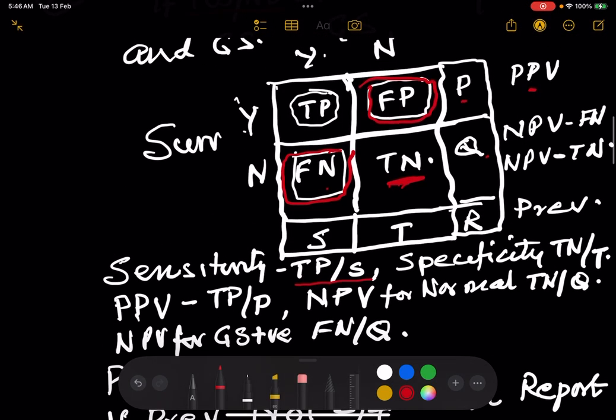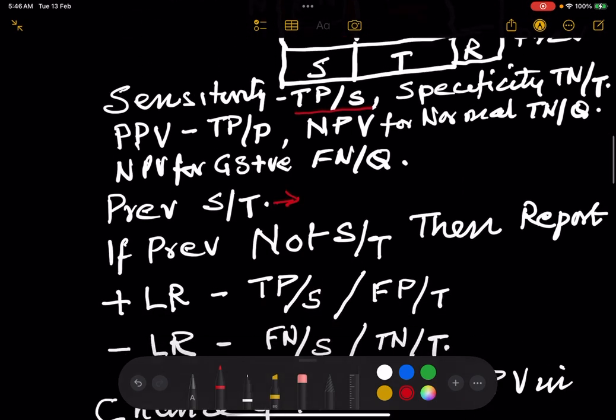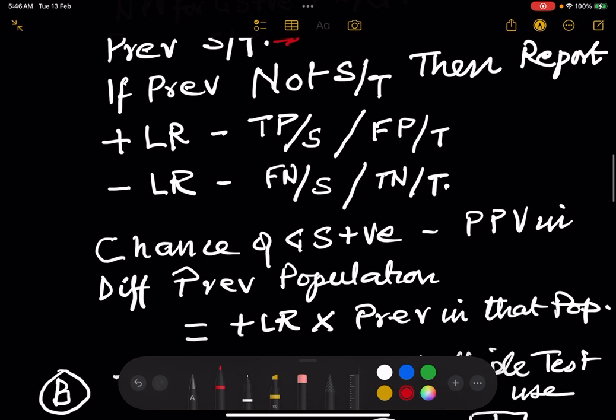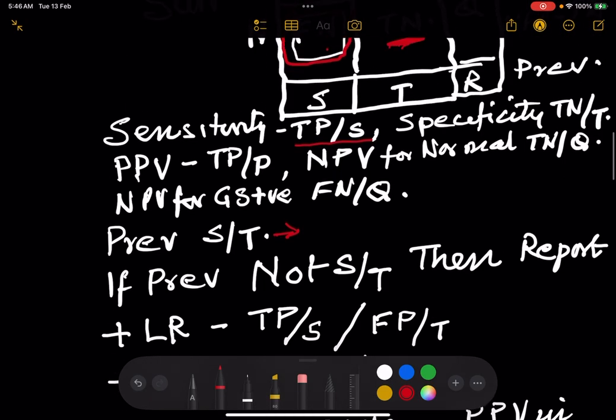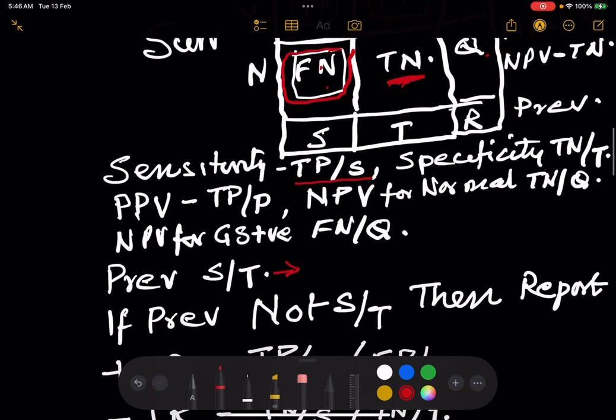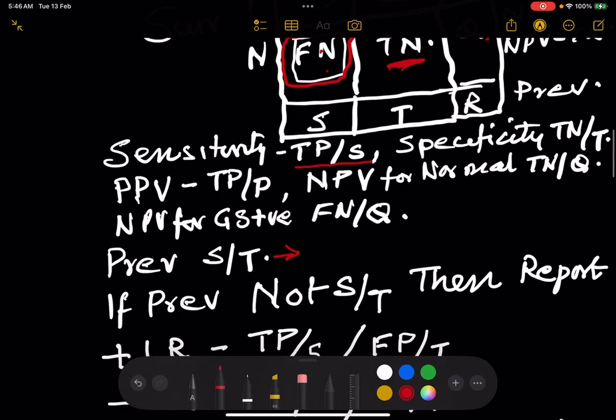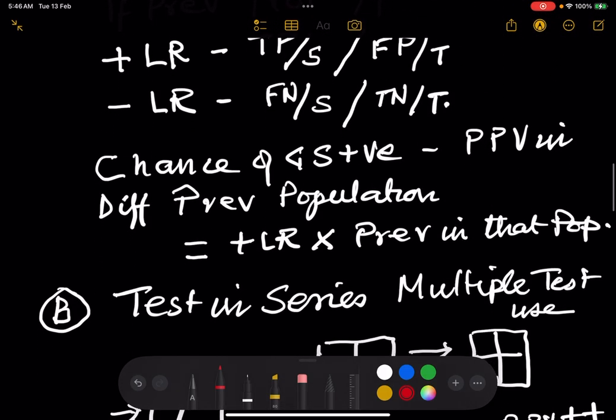That means these two squares, TP upon S, FP upon T. And if you are trying to calculate the negative likelihood ratio for a population of different prevalence, then you use the false negative rate upon the true negative rate. That is the negative likelihood ratio.